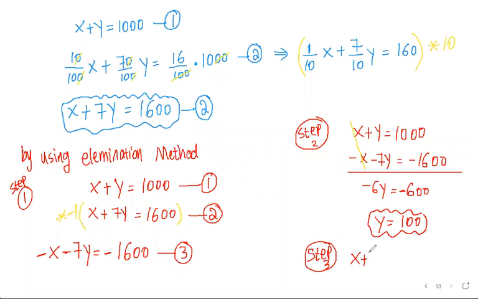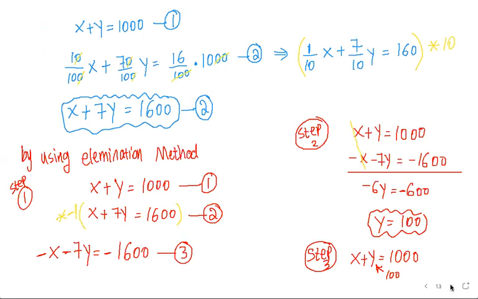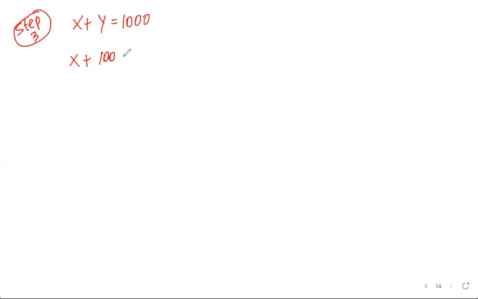So x plus y equals 1000, and my y is 100, so x plus 100 equals 1000. Subtract 100 from both sides, and I get 900.